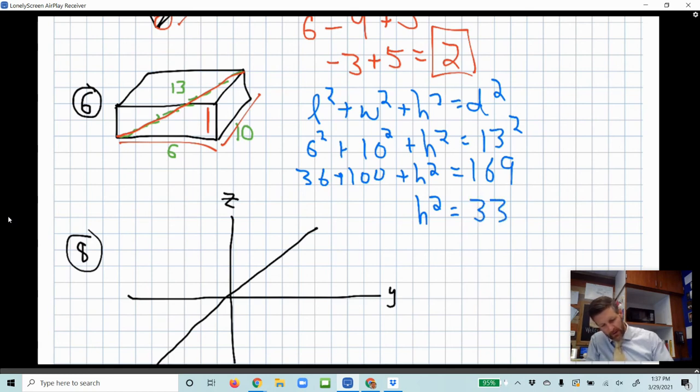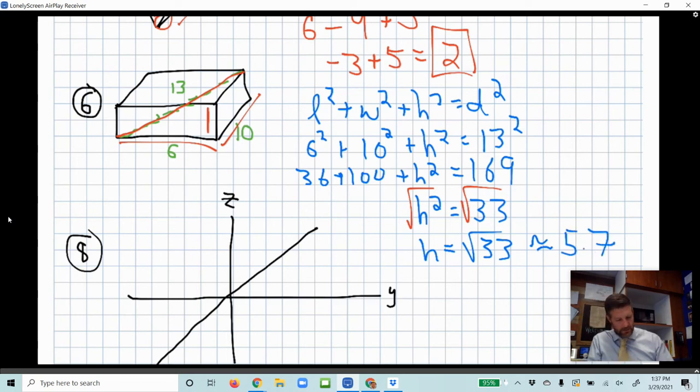And so then we're going to find our height by just square rooting both of those. And so we get h equals either the square root of 33, if you want to leave it simplified, or that is approximately 5.7. So the height of this rectangular prism is 5.7.